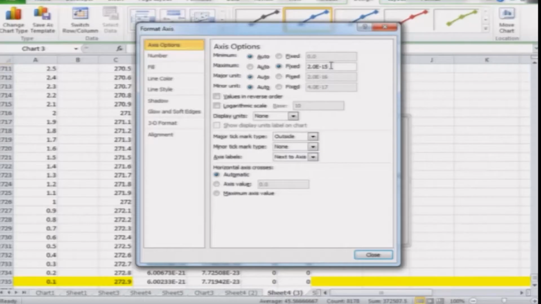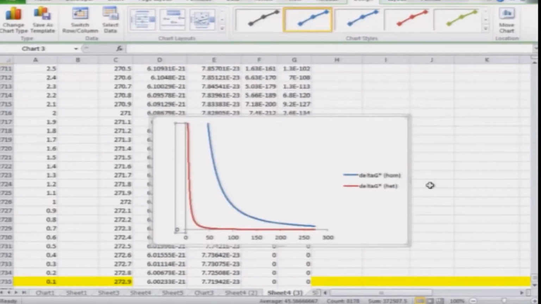Let me change this to a much smaller value, let us say instead of 10 to power minus 15, I change it to 10 to power minus 19, and let us just see. We can now see that the blue curve is for the way the free energy for the critical nucleus changes with undercooling, which is represented on the x axis, and the red curve is for the heterogeneous case.